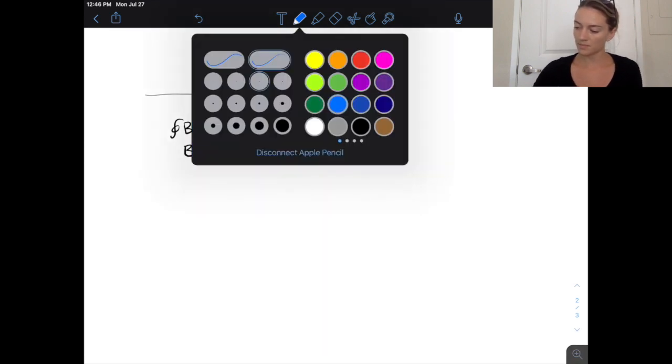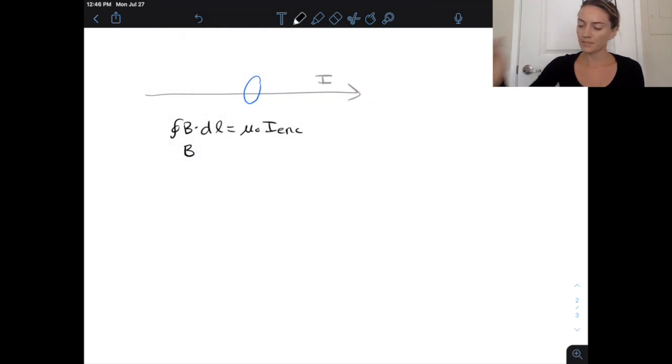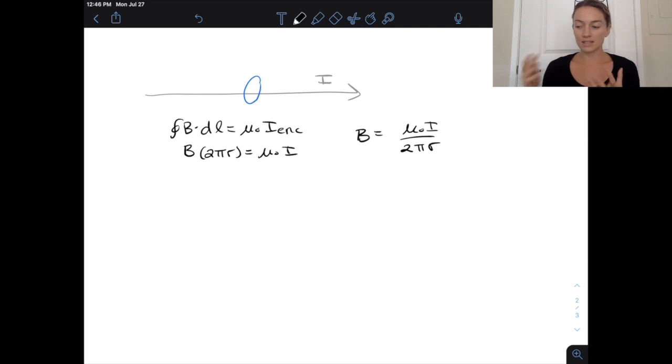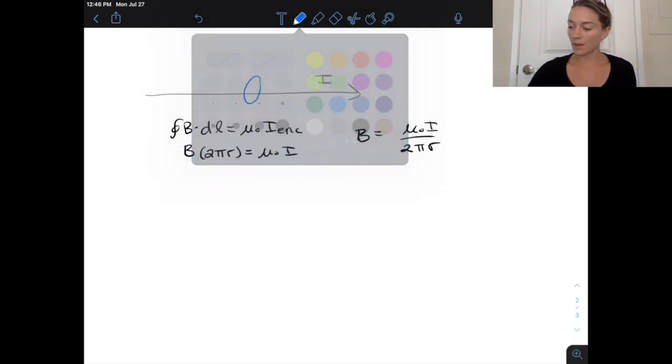It just loops around the current, and the circumference of that loop is 2 pi r. And then my enclosed current is just I. So the magnetic field of a wire is just mu naught I over 2 pi r. So this is definitely something you need to know.